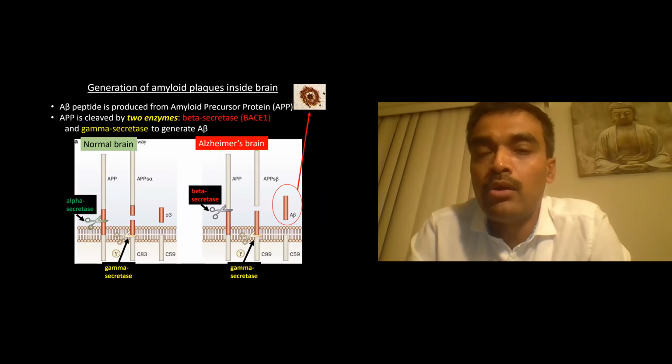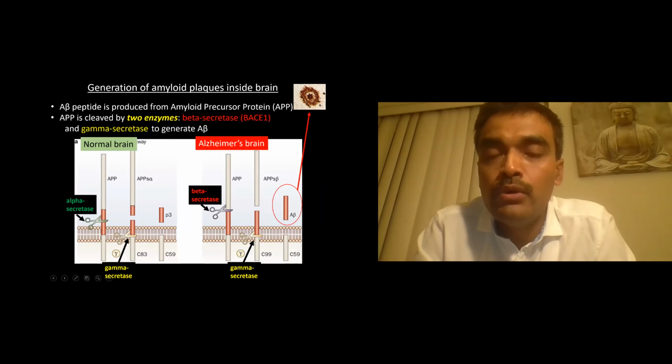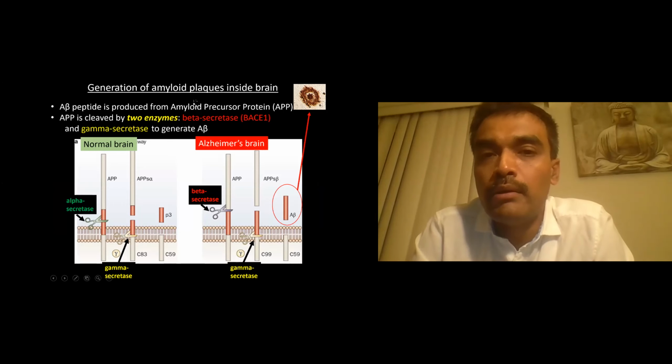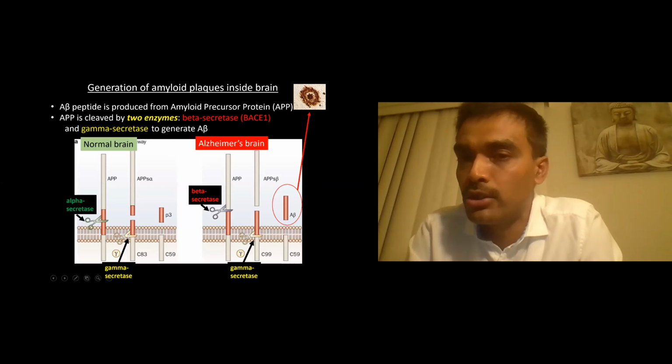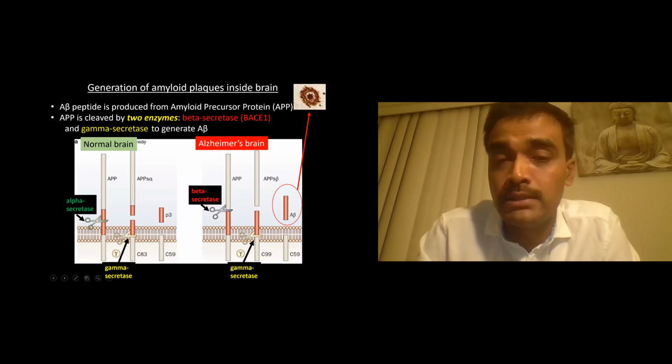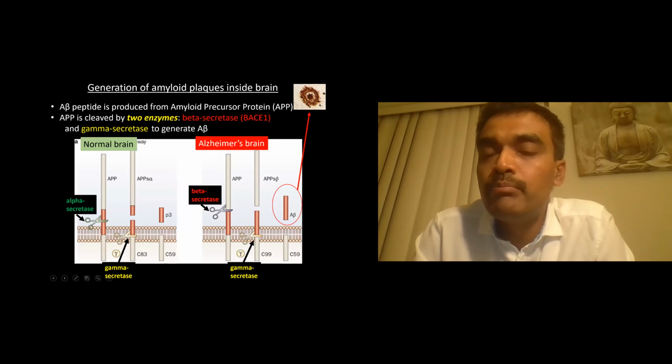And all of us, including you, have this particular amyloid precursor protein in your brain. But sometimes, for some unknown reasons, 2 enzymes called beta secretase, or in short BACE1, and gamma secretase, start cleaving this particular protein APP.